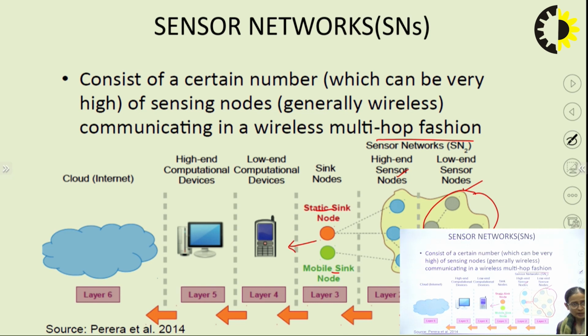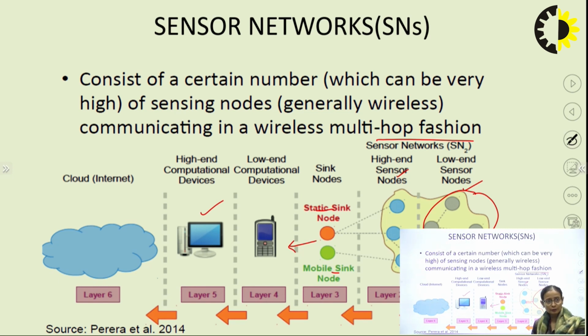Now, if this mobile device requires a complex computation and can't support it, it can send the data to high-end computational devices, which can be your laptop, your desktop, or any internal server of that particular organization.